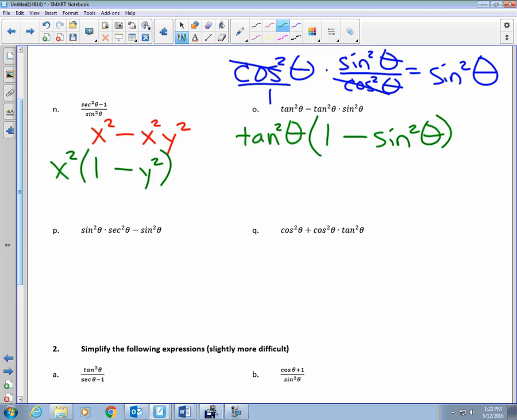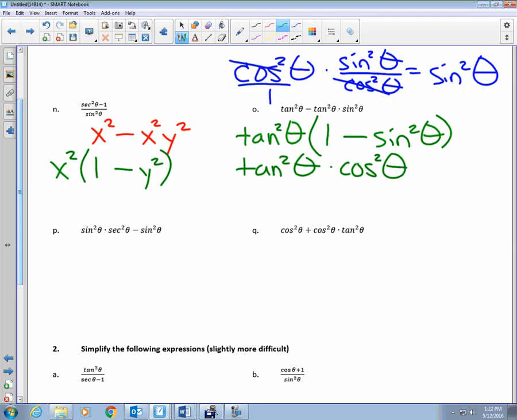Everybody see that? I tried to show it with something you're a little bit more familiar with. Same type of problem right there. Is 1 minus sine squared something special on your sheet of notes? Cosine squared.